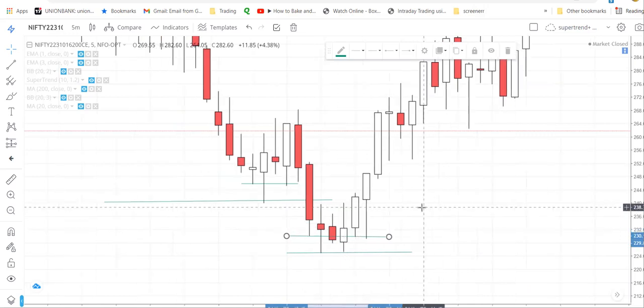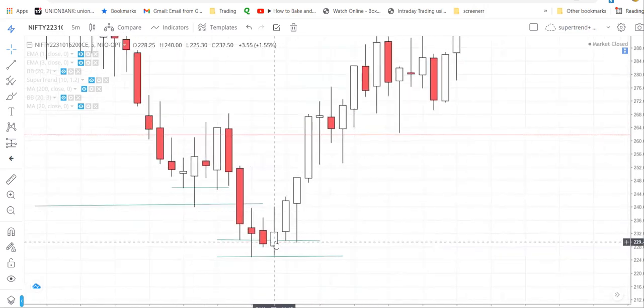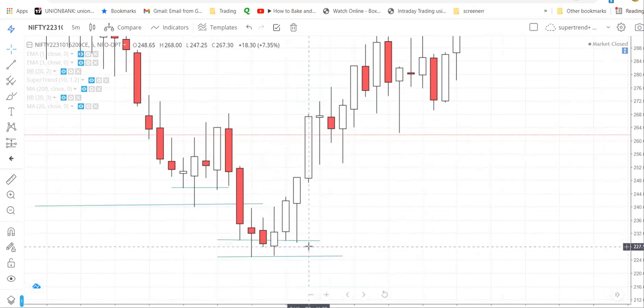Suppose you would have bought 100 or 200, some people buy 1000 lots also. See, from 224 to 268, 44 points.